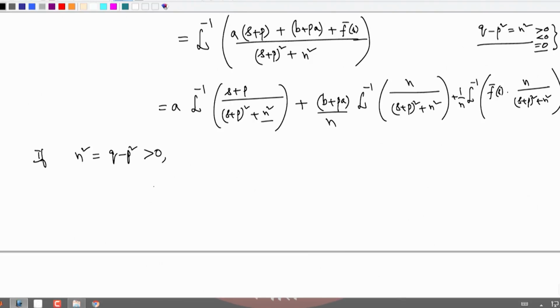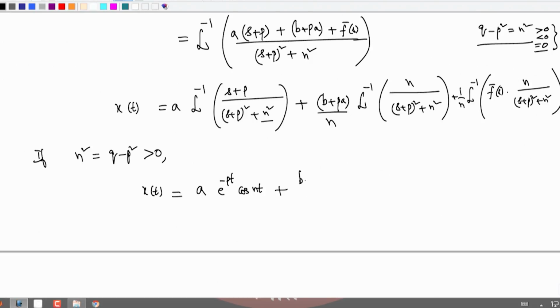In this case your x of t is a times the Laplace inversion of this. Because of s plus p, it is e power minus pt times the inverse Laplace transform of s by s square plus n square, that is cos nt.